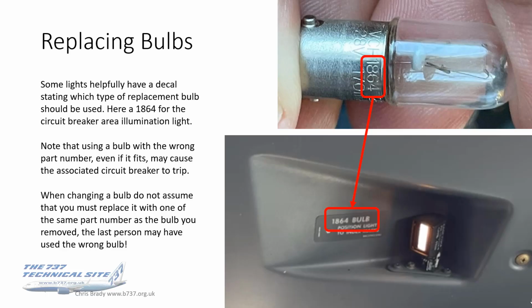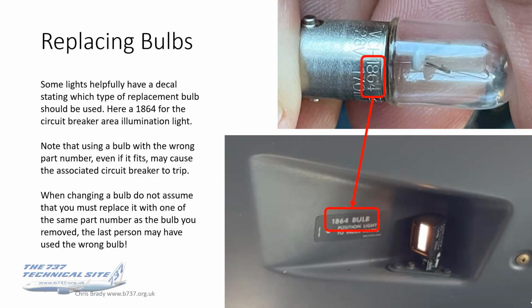Note that if you use a bulb with the wrong part number, so not an 1864 in this case, even if it fits, it might cause the associated circuit breaker to trip. So don't think, oh, there's no 1864s in the pack, I'll use this one. You might cause bad things to happen further downstream.